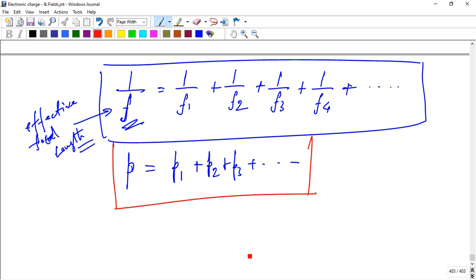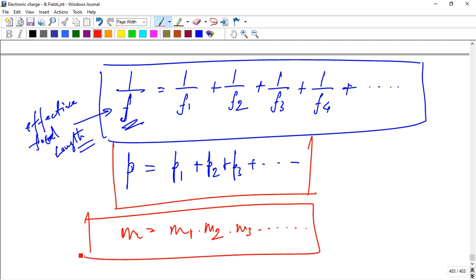Okay, the algebraic sum of the terms on the right side, with convex positive and concave negative, also applies for magnification. If there is a magnification, the total magnification is the first multiplied by the second, then by the third, and so on. Magnification should be multiplied.